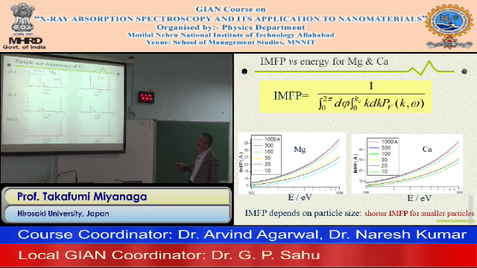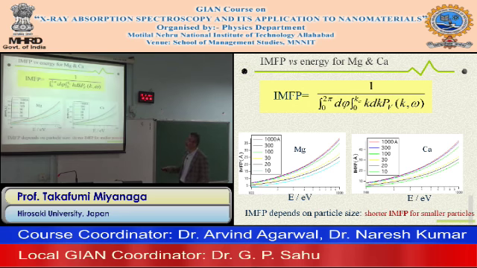For the example of magnesium and calcium, it is like that. The energy is the photoelectron energy, and this is the mean free path. And the value is around several tens of angstroms.